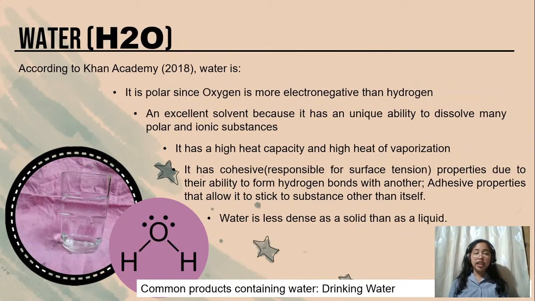Next, water. Its molecular formula is H2O. Water is polar since oxygen is more electronegative than hydrogen. It is an excellent solvent because it has a unique ability to dissolve many polar and ionic substances. It has a high heat capacity and a high heat of vaporization.